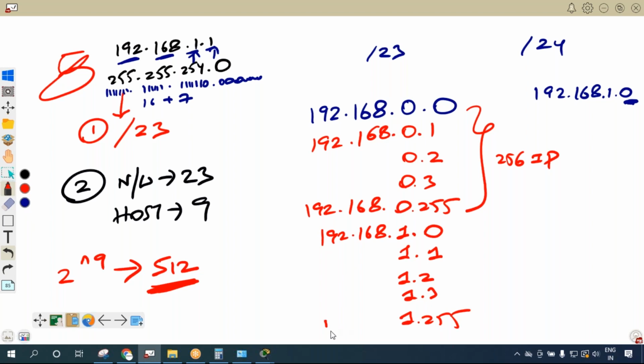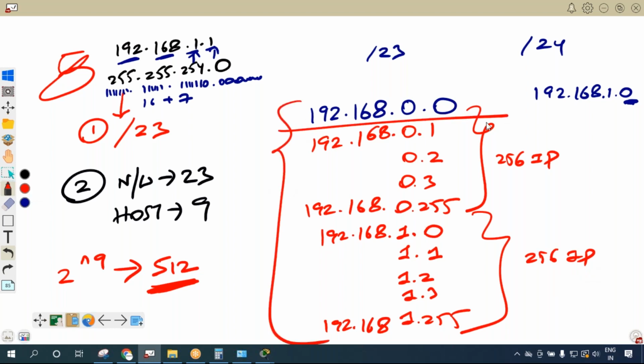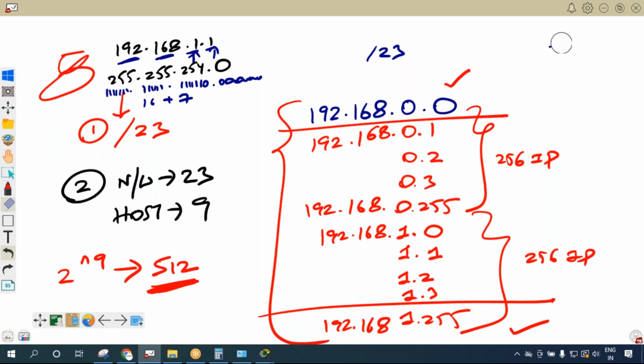It will go like this. So total 256 into 2, 0 to 255 is 256 IP, and from 1.0, 0 to 255 is 256 IP. This is the network IP and this is the broadcast IP. Total 512 IP addresses will be placed like this.